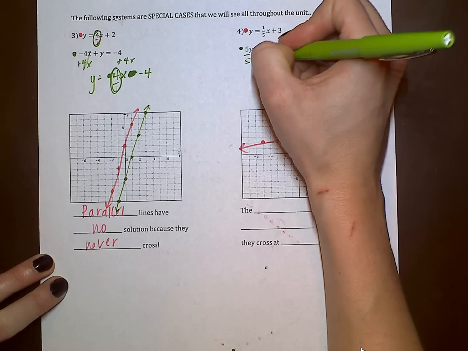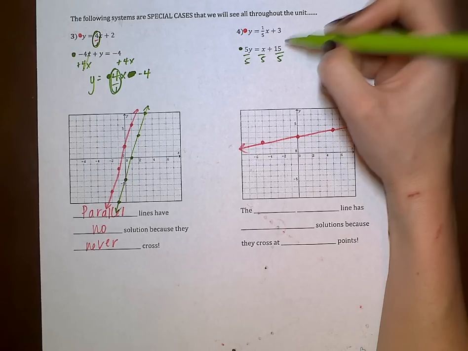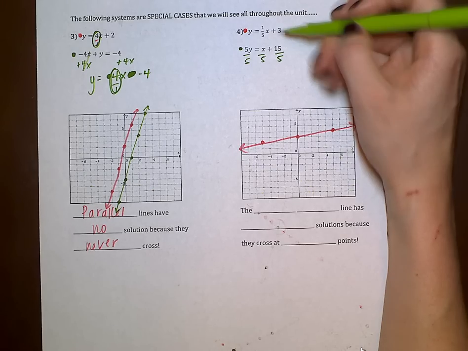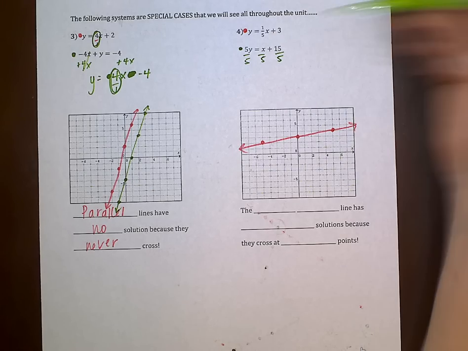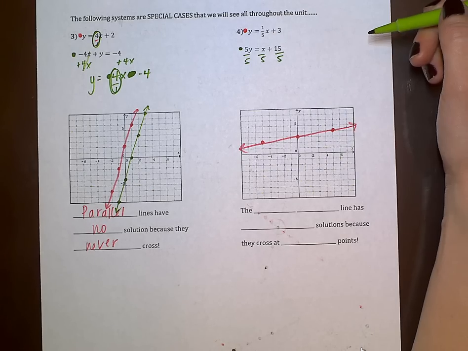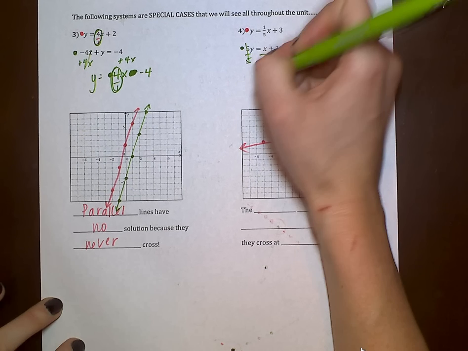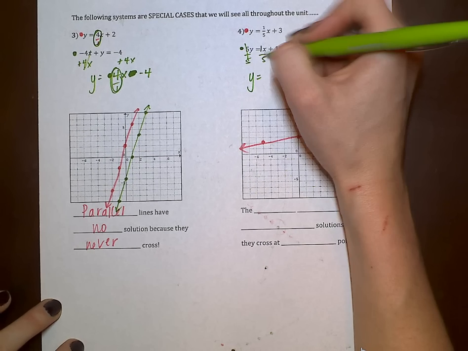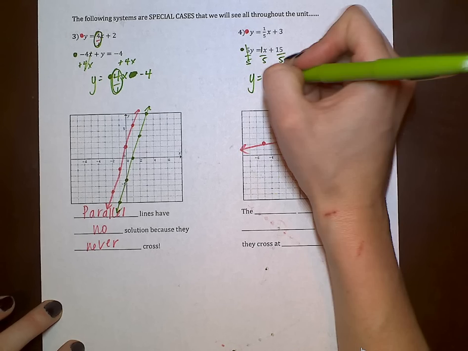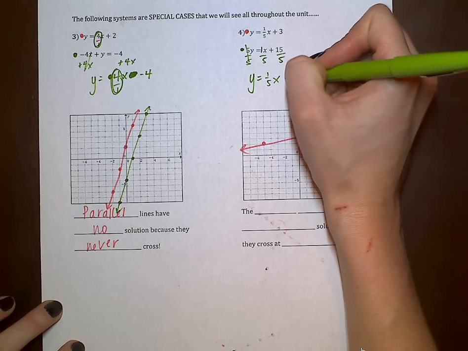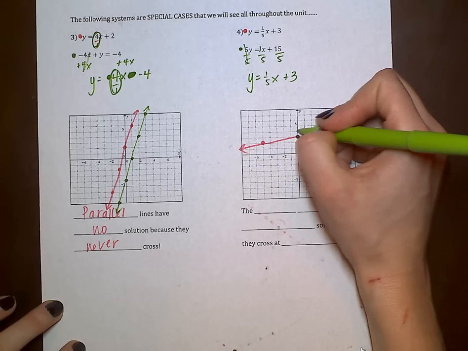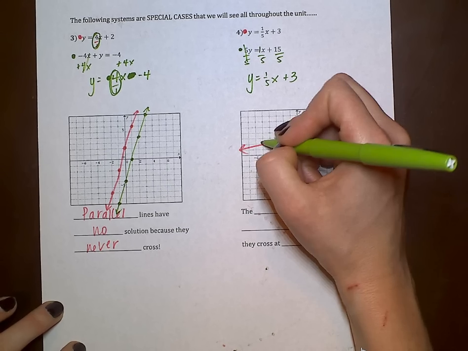And if you notice a pattern, you guys, they're going to do that to you on like every example. One line's going to be an mx plus b, one line's going to be in standard or something besides mx plus b, because we're trying to test your skills if you can solve for y. So I would just divide by 5 on that one, and I would get, be careful, the slope is 1/5 plus 3. So I'd start at 3, I'd go up 1 right 5, I could go down 1 left 5.